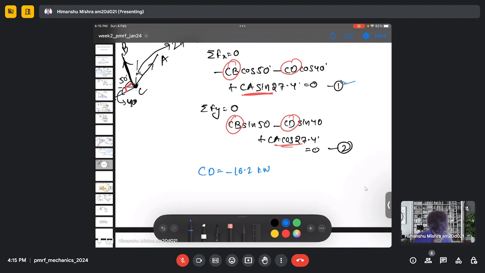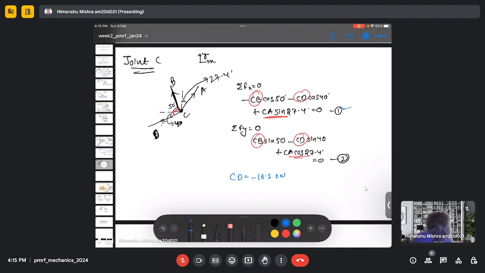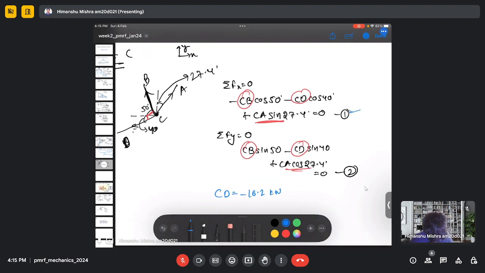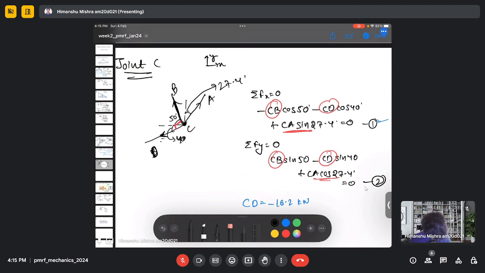CB arrow direction is upwards. Why are you taking the negative? Because this is CD. I am asking about CB, BC. Okay. So this is your BC here, and this will be the y component, and this will be your x component.